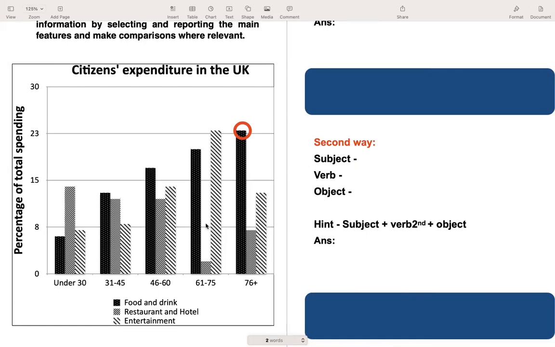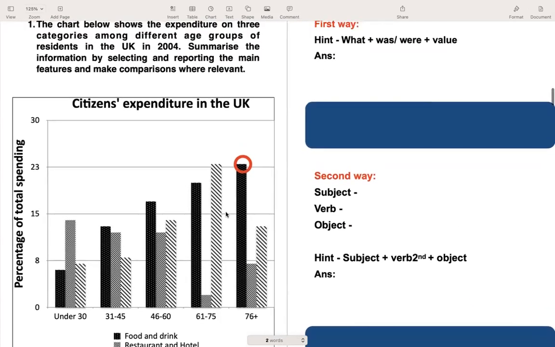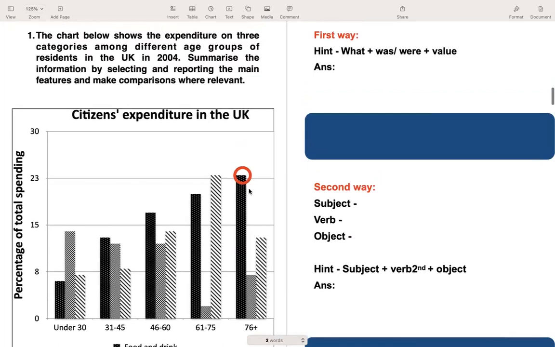I'm not asking whether it's a column graph. Tell me the complete thing. Percentage of money spent on food and drink.